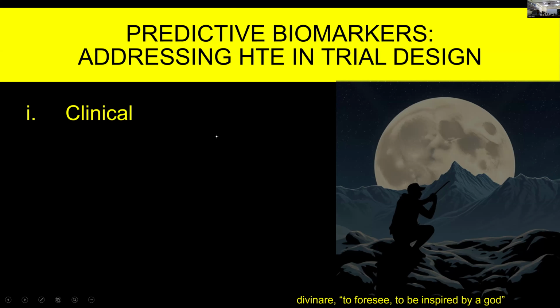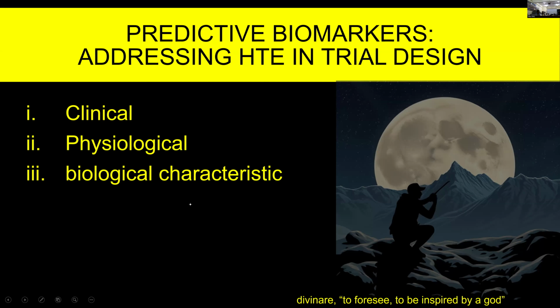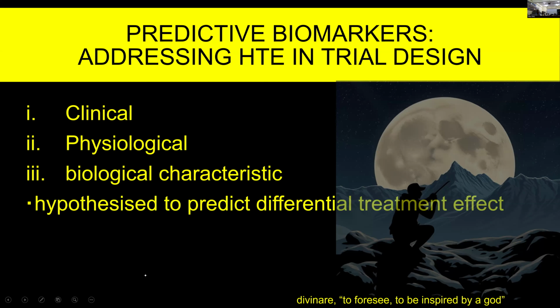So the biomarkers could be clinical. The heart rate, your blood pressure, temperature, respiratory rate, that's also a clinical biomarker. Or physiological or some other biological, your CRP level, your creatinine level, your hemoglobin level. These may be hypothesized to predict differential treatment effects.